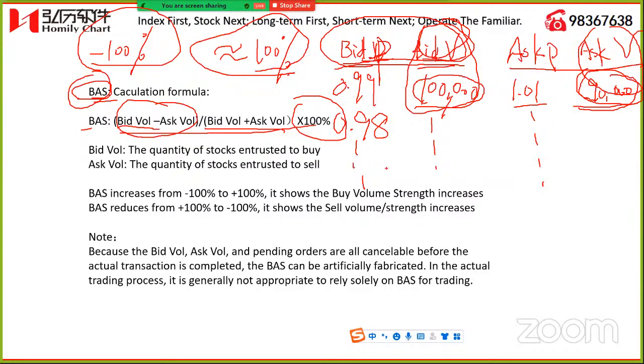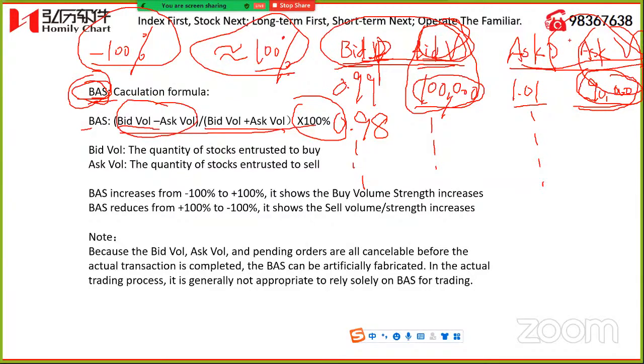That means great selling pressure. So you can use this bias to gauge whether there is currently more buying volume or more selling volume.